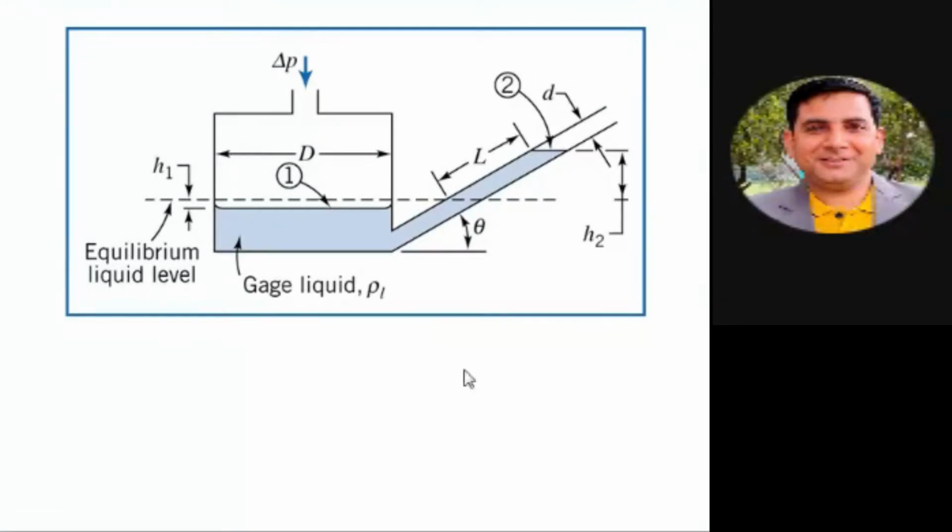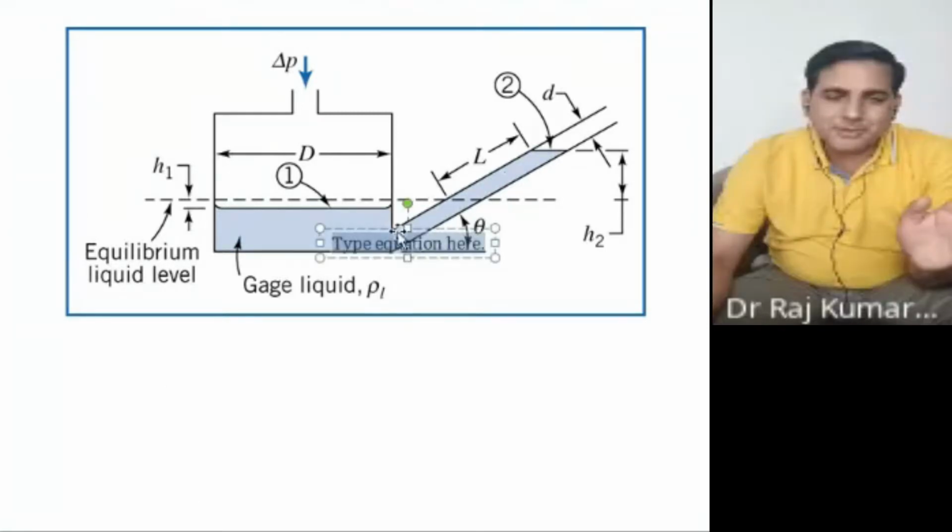In case of water manometer, one you got from volume change. Volume change से आपको H का equation मिला, एक, right? Yes, sir.